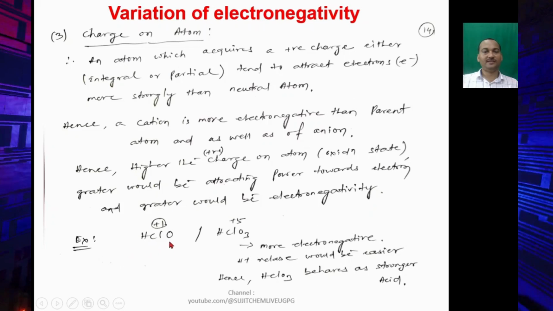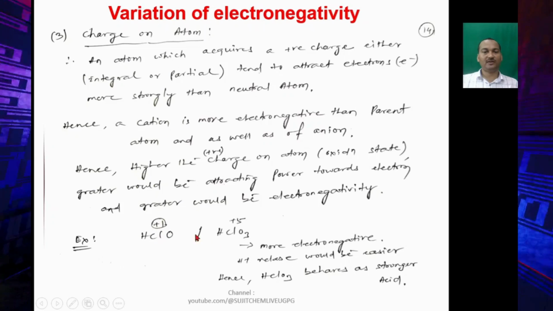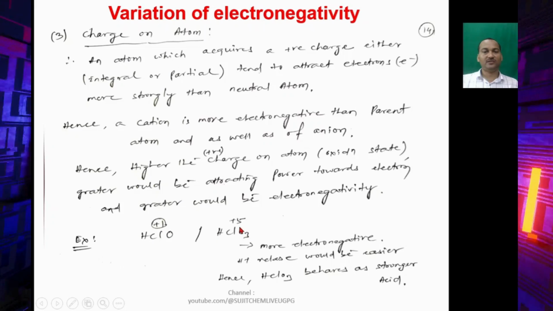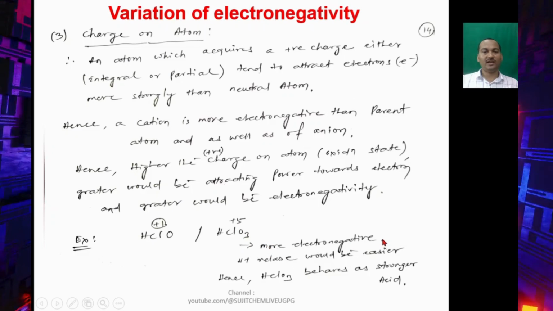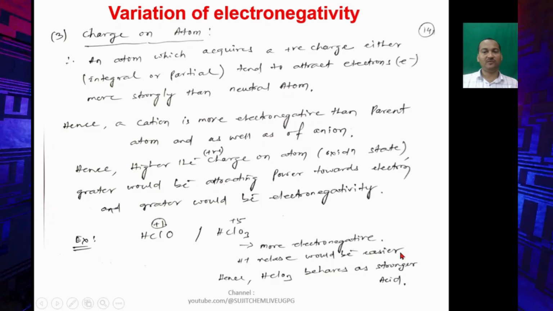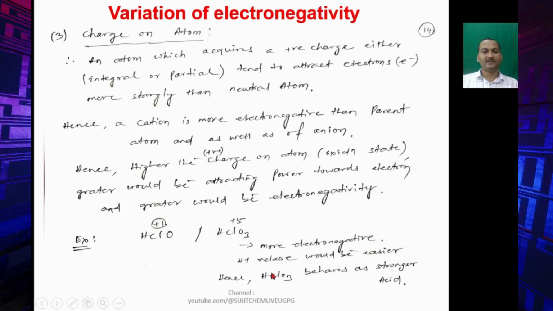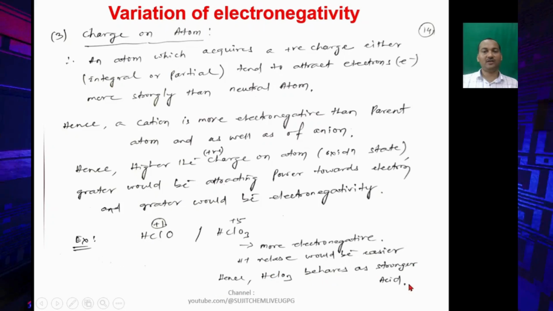For example, HClO, here chlorine has +1, and HClO3, here chlorine has +5. So this will be more electronegative. So H+ release would be easier. Hence HClO3 behaves as a stronger acid.